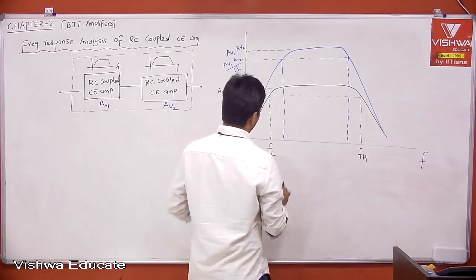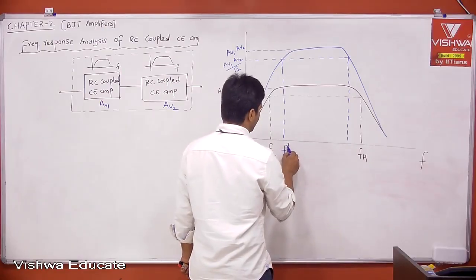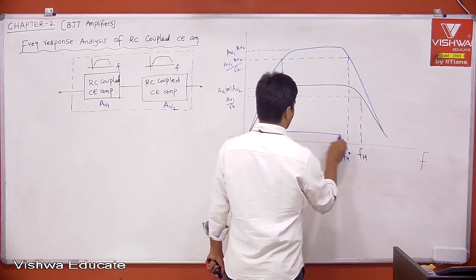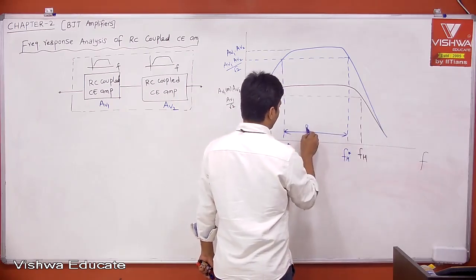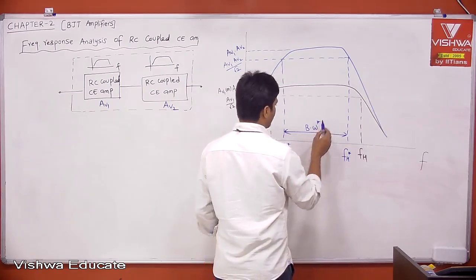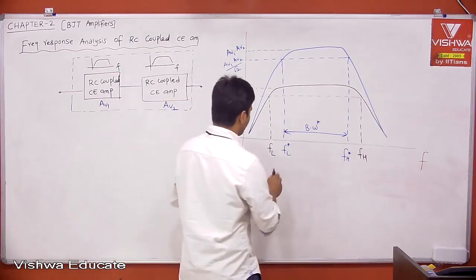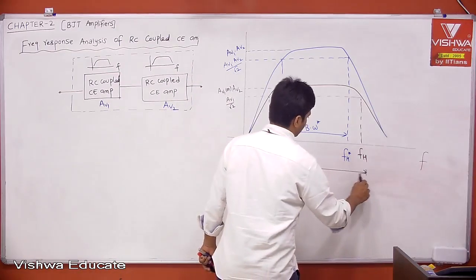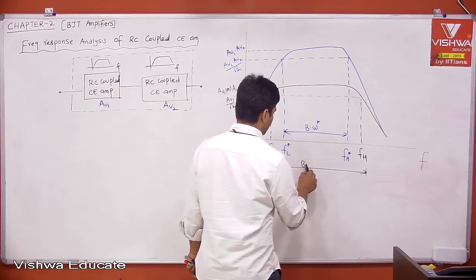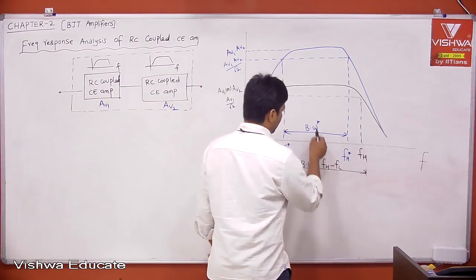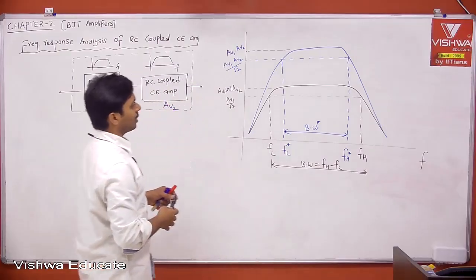This is our new lower cutoff frequency, FL star, and this is our new higher cutoff frequency, FH star. This is the new bandwidth, bandwidth star, equal to FH star minus FL star, while the earlier bandwidth is FH minus FL.